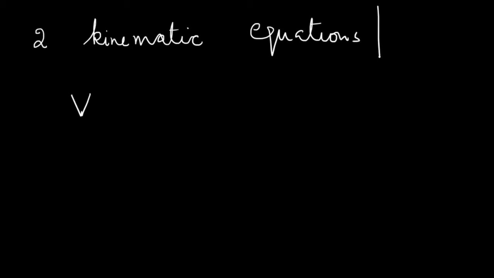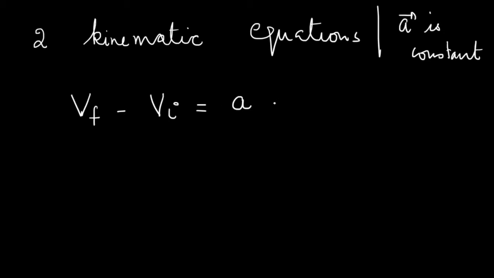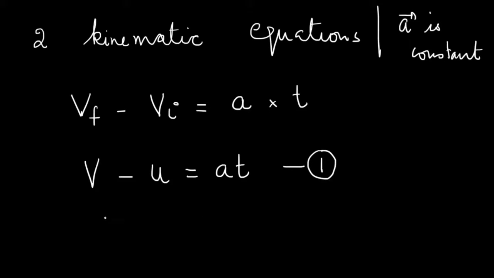Once again, I keep reminding you that a is constant, and if a is constant, then one can write such an equation: v final minus v initial is equal to a, which is a constant, into the time. Often in the textbooks it's written as v minus u is equal to at, and maybe we should stick to this as well. So this is our first kinematic equation, which just follows from the definition of acceleration.